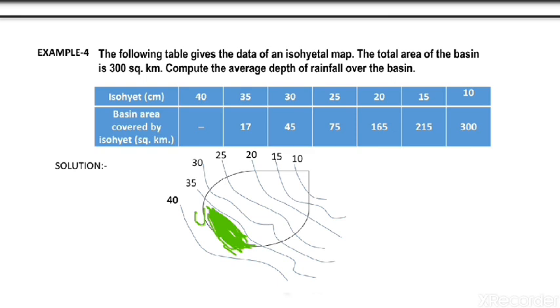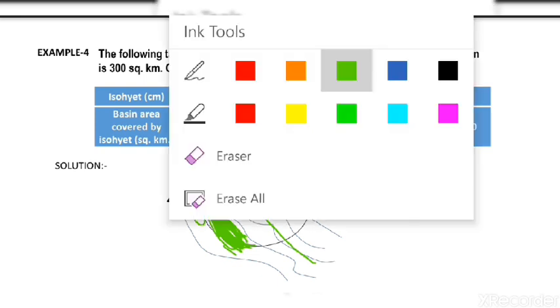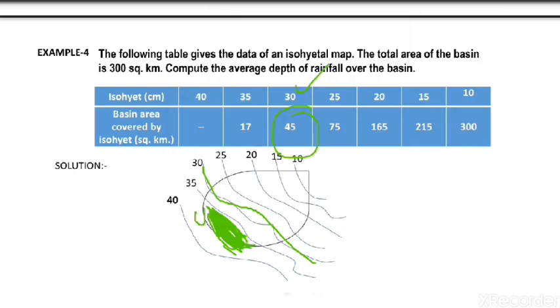Next, after 35 up to 30, area is 45. That means up to 30, area is 45. This means this is 30 and the area is 45. That means from here to here, up to 30, area is 45, because this is cumulative area.